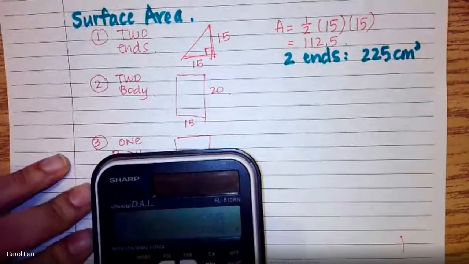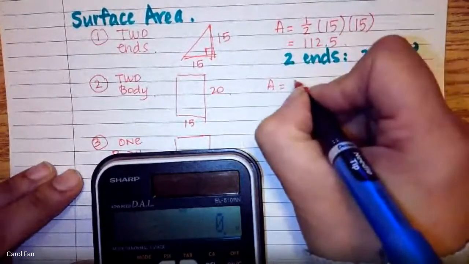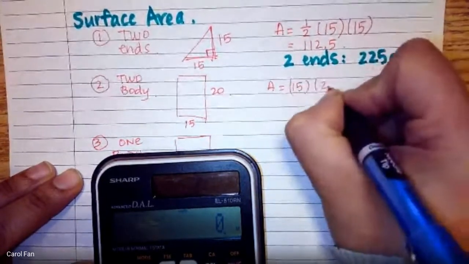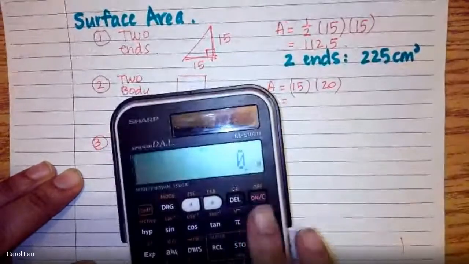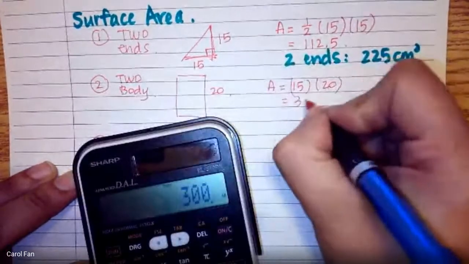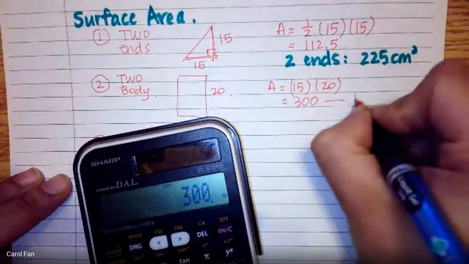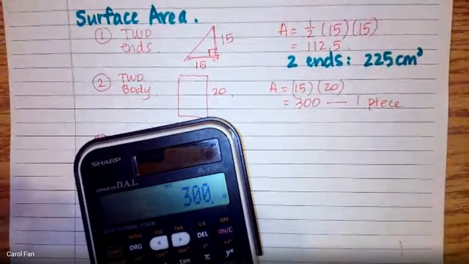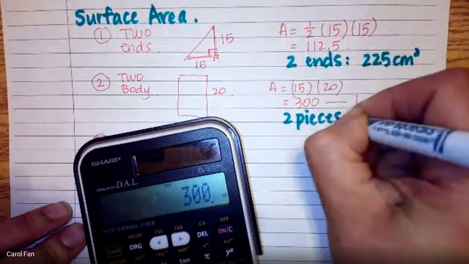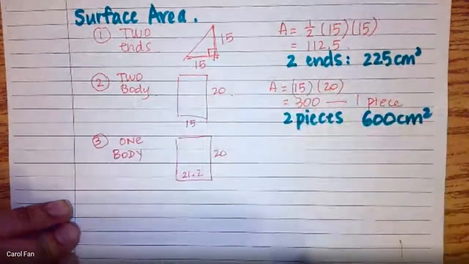The next one, we have the body. So the area is equal to length times width. I have 15 times 20. 15 times 20 gives us 300, but this is for one piece. So if I have two pieces, it's 600 centimeters squared.